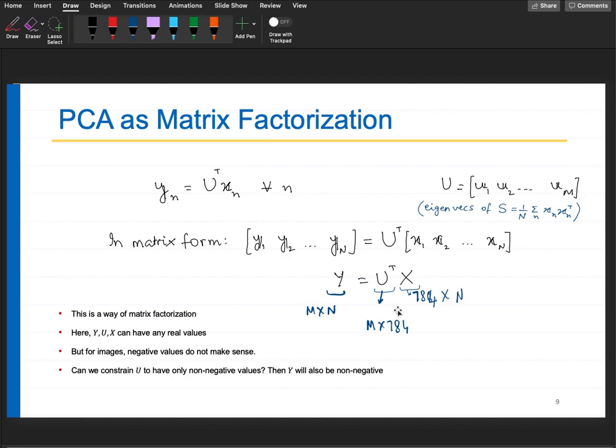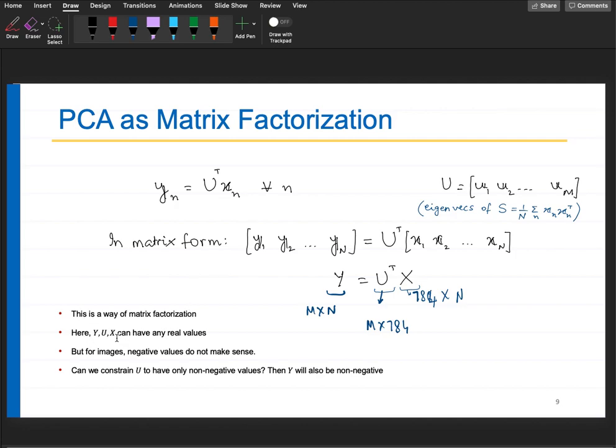U are the eigenvectors of S, which is the covariance matrix of the data, normalized, zero mean samples. Okay, so this is a way of matrix factorization.